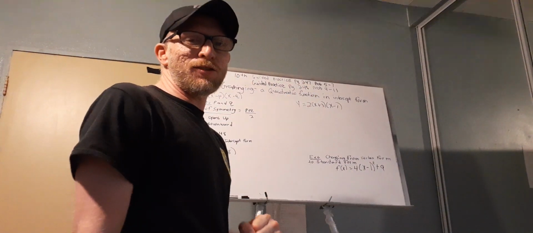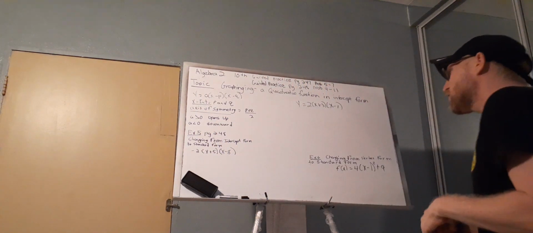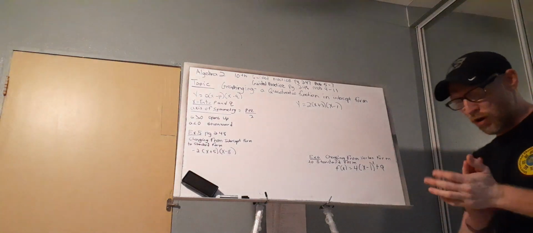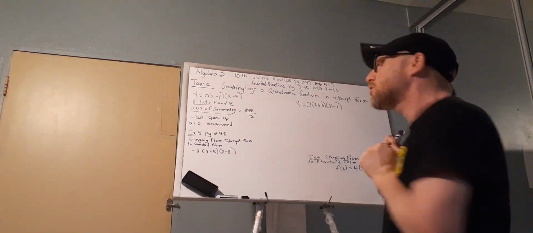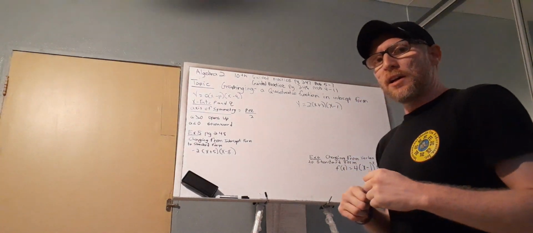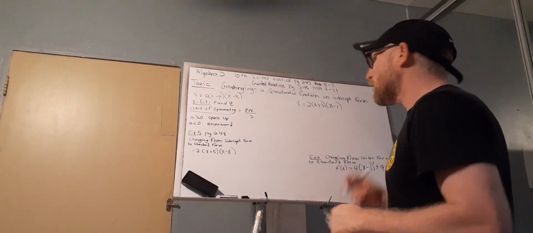Anyway, let's get started with the exercise. So, the first exercise is example number 3 on page 247, which is y equals 2 times x plus 3 times x minus 1. So the first thing we're going to do, ladies and gentlemen, is identify our intercepts.